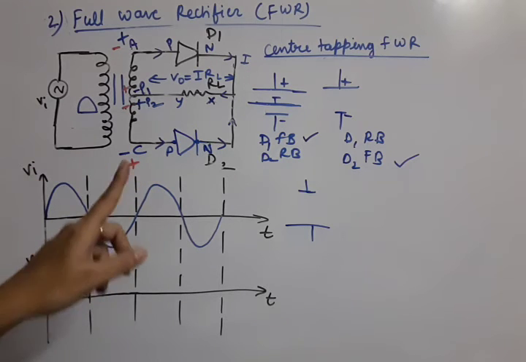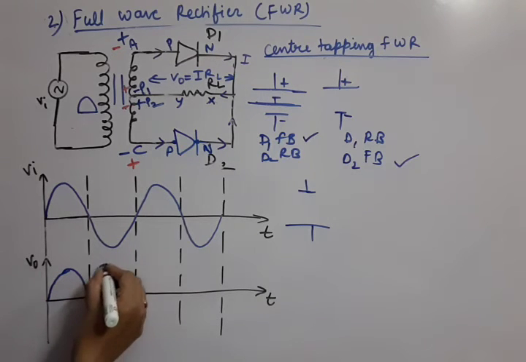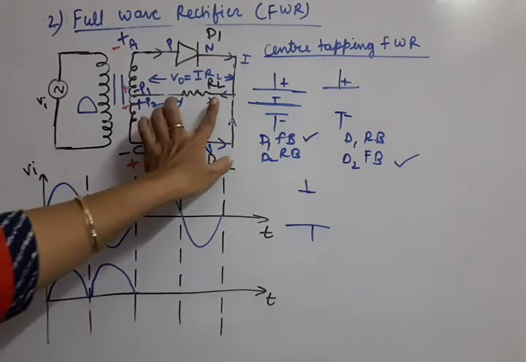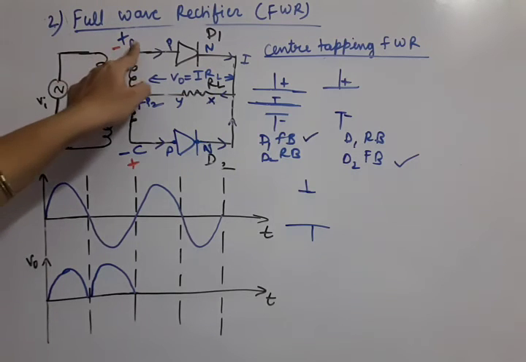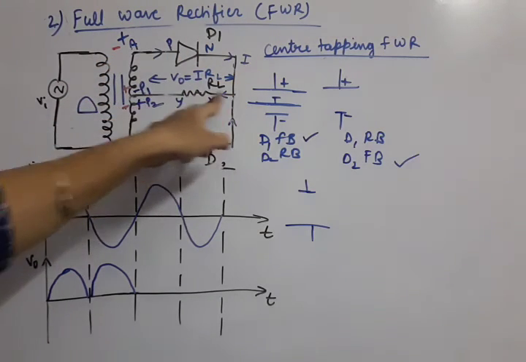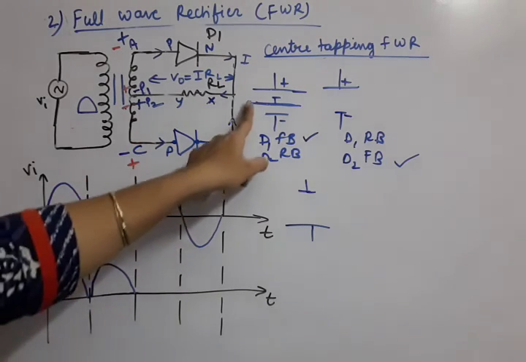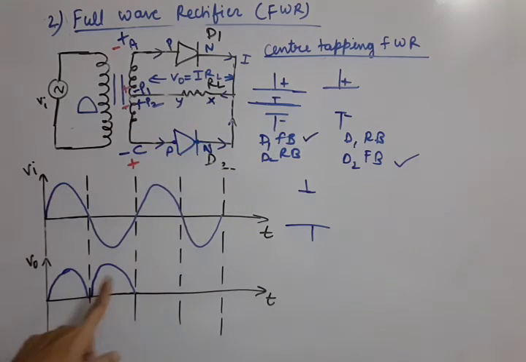Since the current is not changing direction, we again get a pulse in the same direction. For the positive cycle, diode D1 conducted and current flowed this way in the load. For the negative cycle, diode D2 conducted and current flowed in this direction. So in the load the current always flows from X to Y, and we cannot show a change in direction.